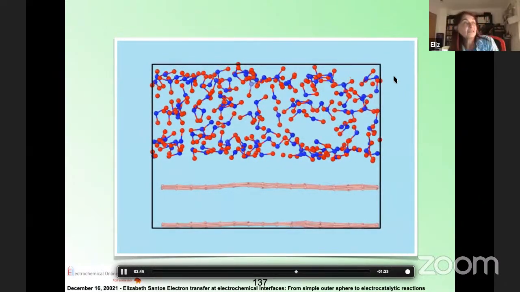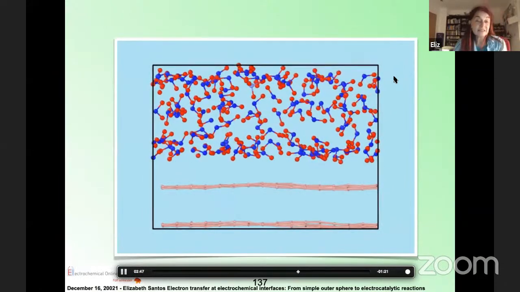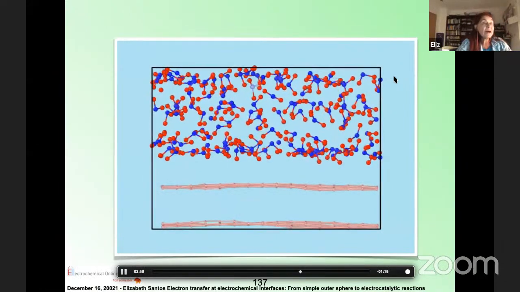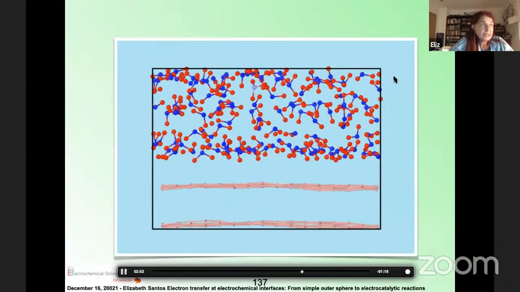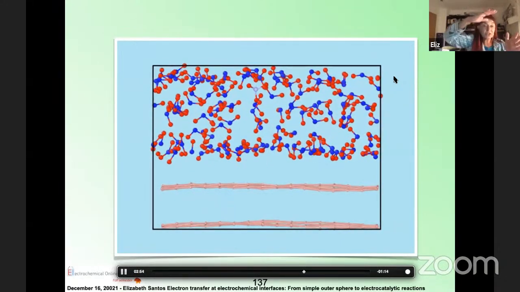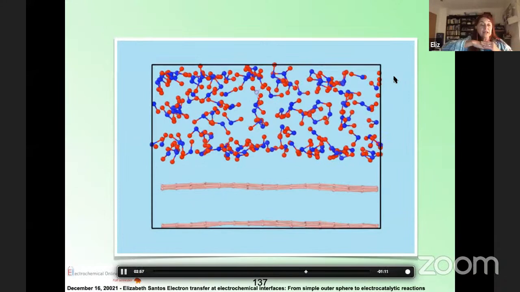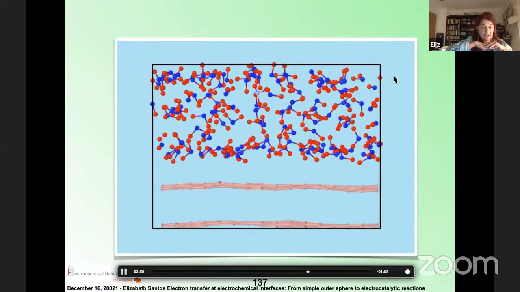Yes, these are very interesting comments, and yes, that is so. We have used the potential only as a shift of the position of the electron level of the reactants.